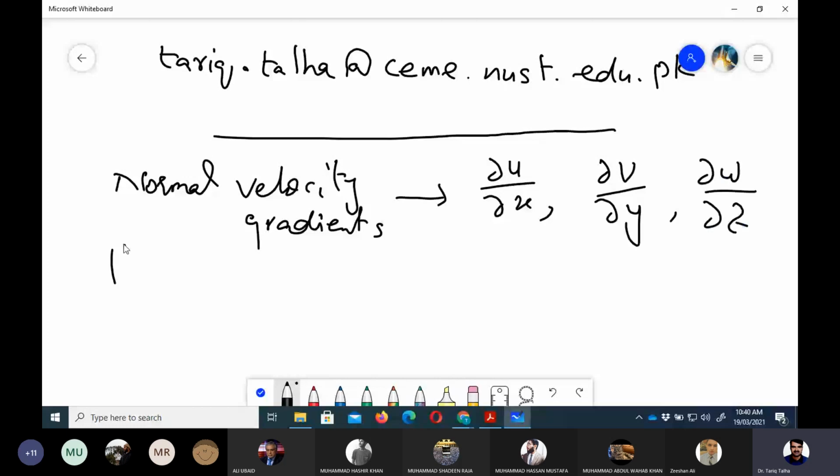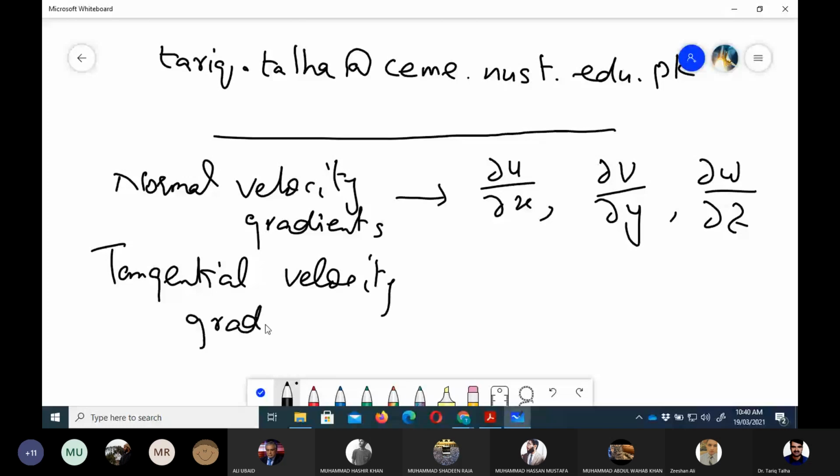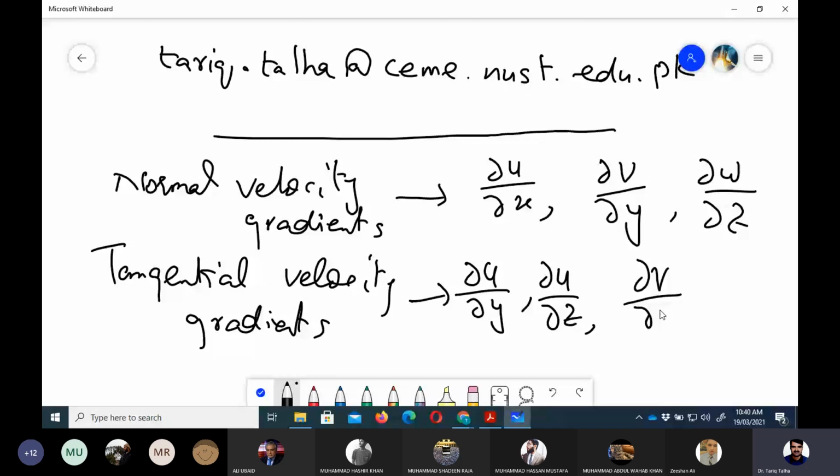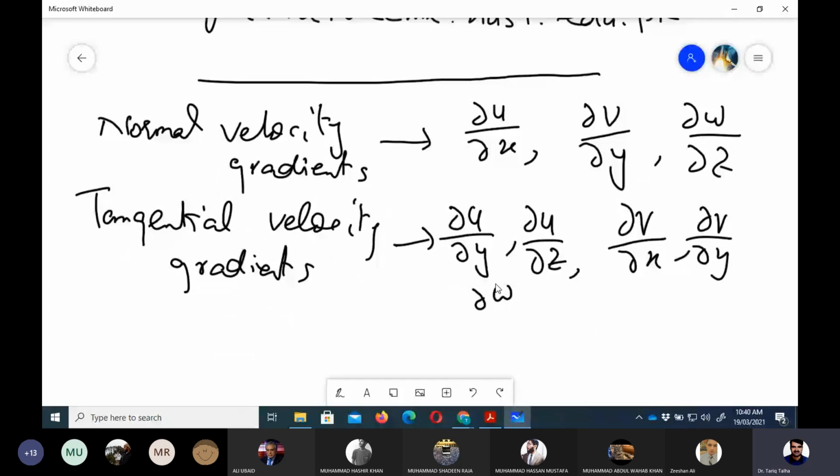While the tangential velocity gradients, there are three normal velocity gradients and six tangential velocity gradients, like partial u by partial y, partial u by partial v, partial v by partial x, partial v by partial y, and partial w by partial x, and partial w by partial y.